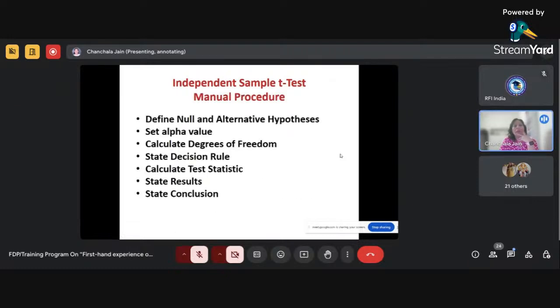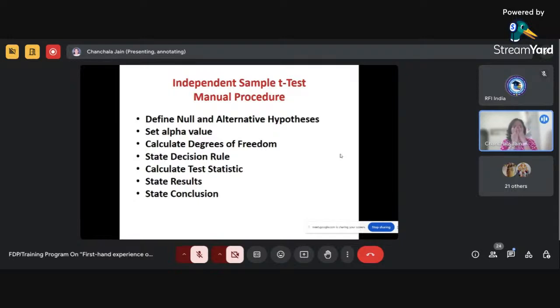Now, when we talk about the manual procedure of applying the independent samples t-test, like yesterday for the one sample t-test, you always need to define your null and alternative hypotheses. Then you set your level of risk, that is the alpha value, 1%, 5% or 10%. These are the most used percentages.